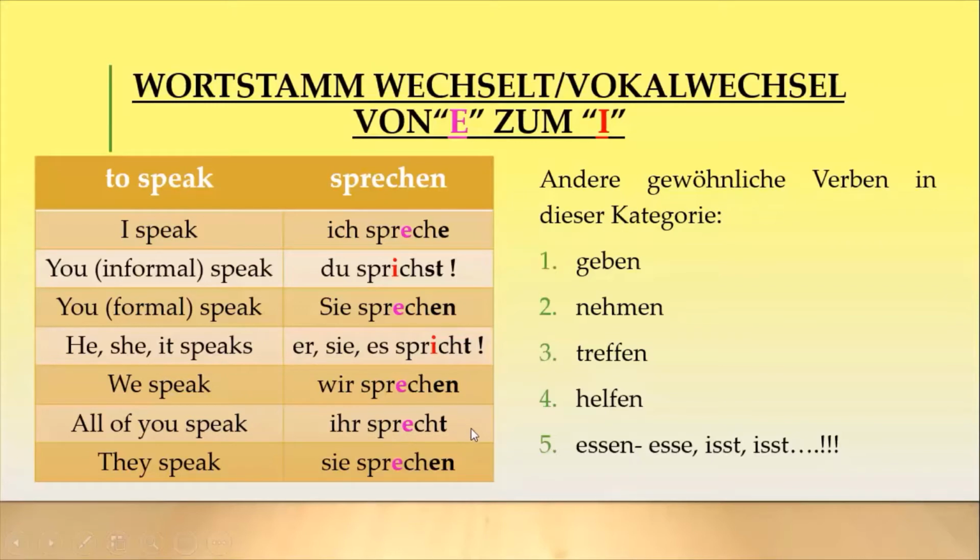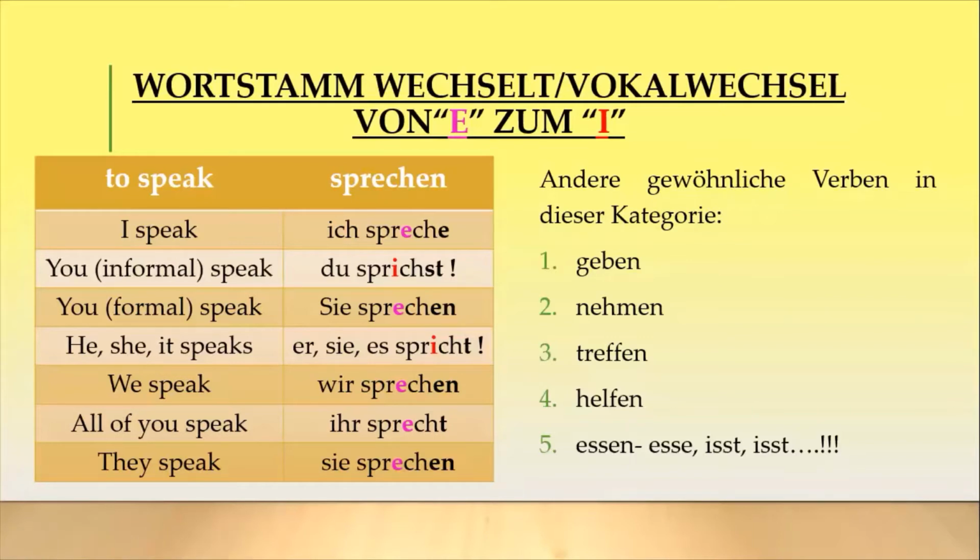So ihr sprecht. They speak, sie sprechen. So note that the vowel change you will see in the second person singular form and the third person singular form for the irregular verbs.